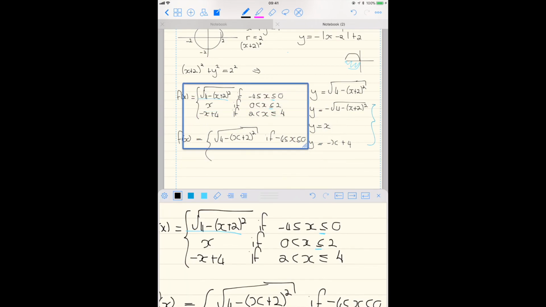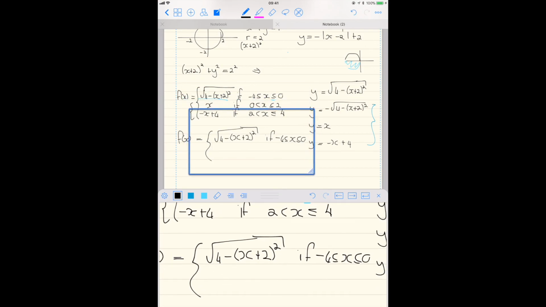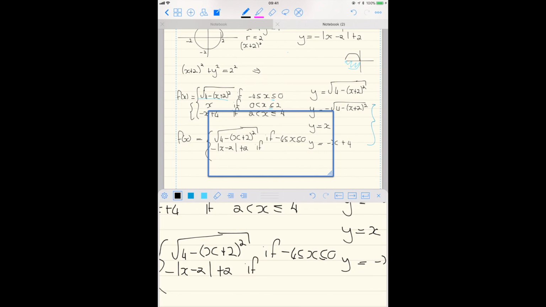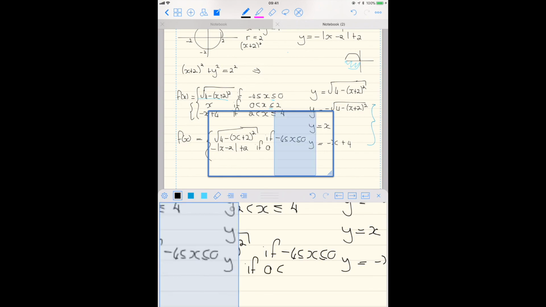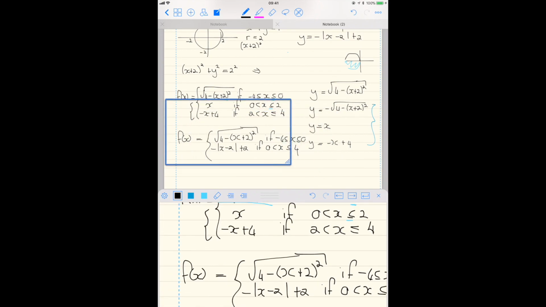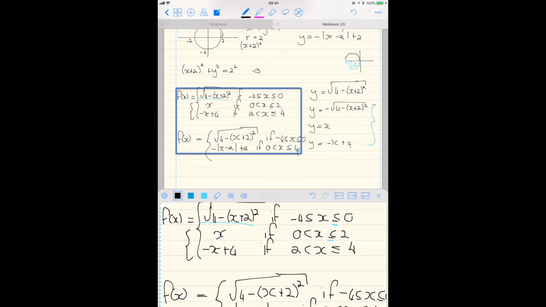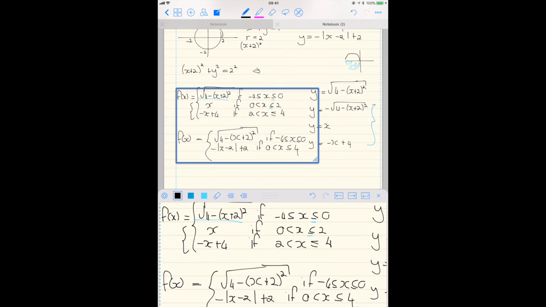Now instead of writing these, we will just have that one, which is minus the absolute value of (x minus 2) plus 2 if x is between 0 and 4. So then those are the two different ways you could write the answer for this graph.